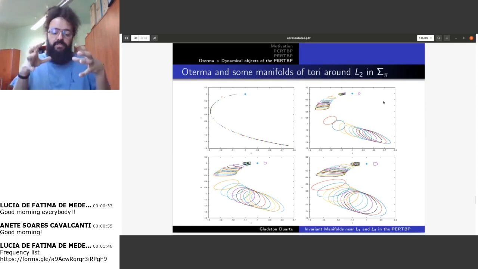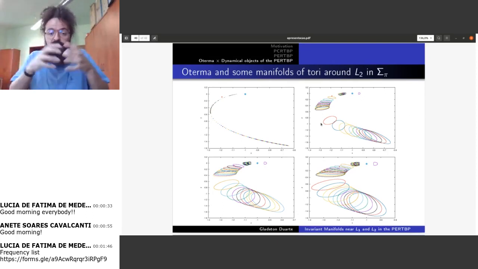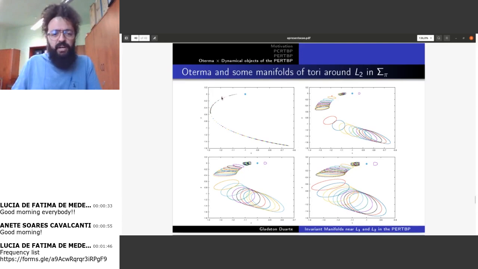We took the decision not to plot all of them in the same figure because it would be impossible to see anything. So they lie in the same figure, but let's see them in different ones to see a little bit more clearly what's happening. But it's still hard to see, especially because we are projecting in the configuration space. So let's see if we have a way of seeing how these manifolds interact with Oterma, right?